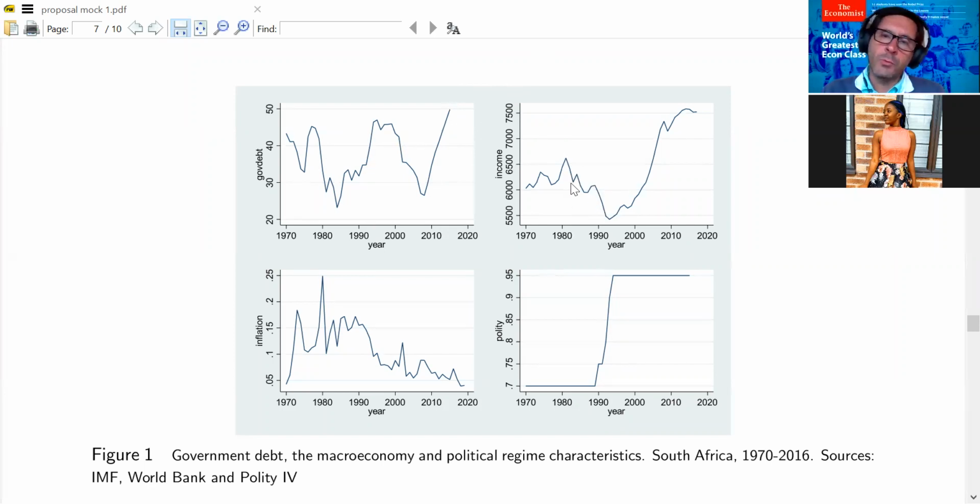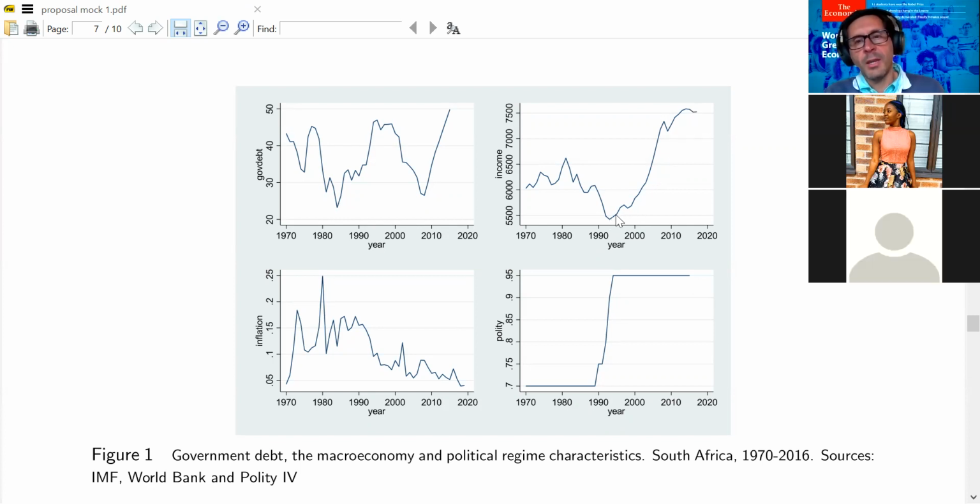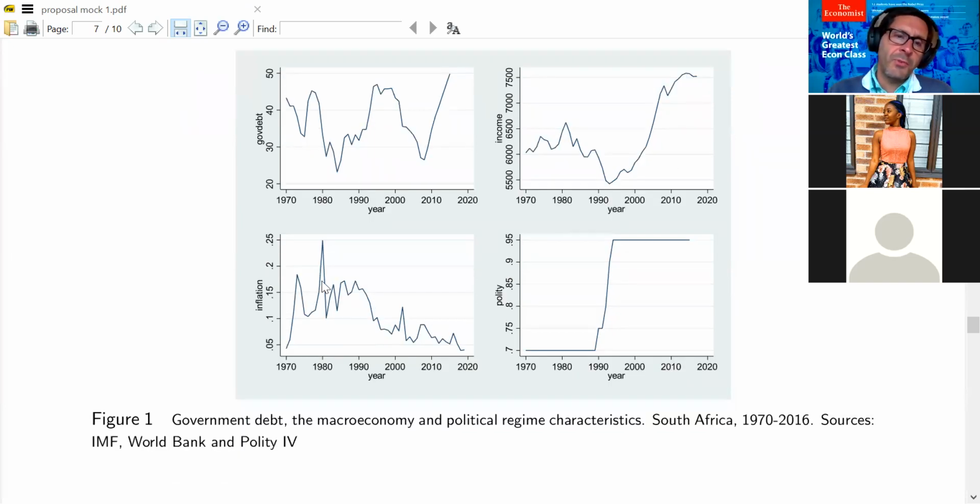It really goes down. As I said, this increase in income coincides, and this is the Great Recession of 2007 and 2008. But the positive trend coincides with the advent of democracy. And this is inflation, and as I said earlier on, the trend has been negative, which is good.